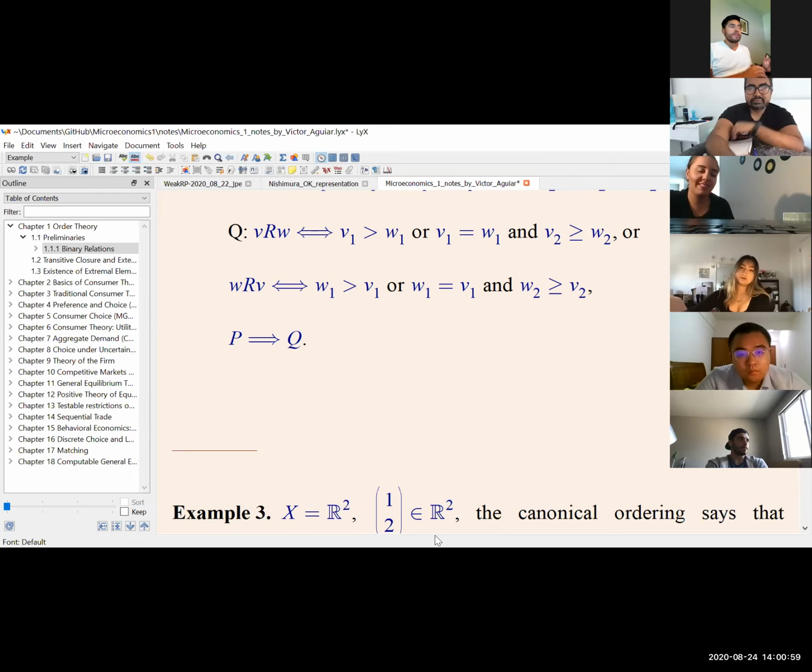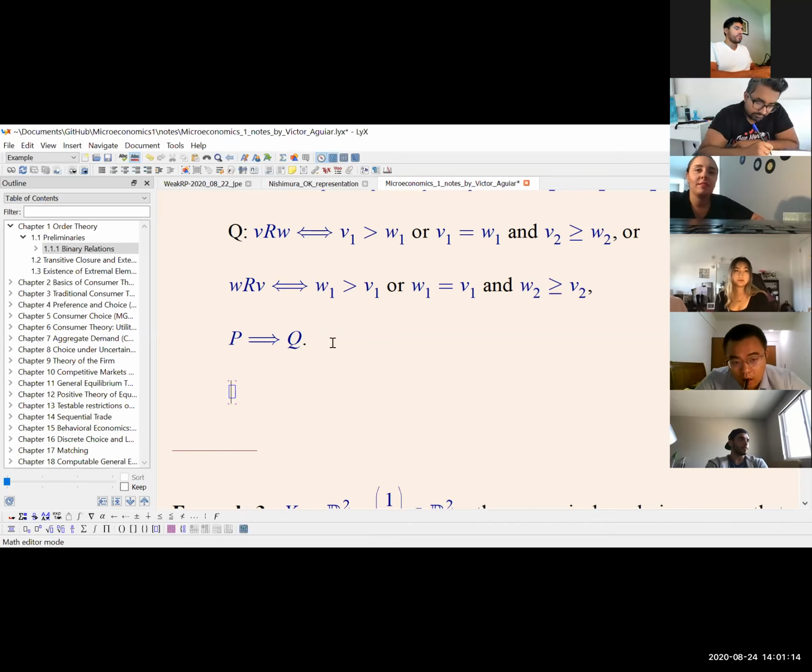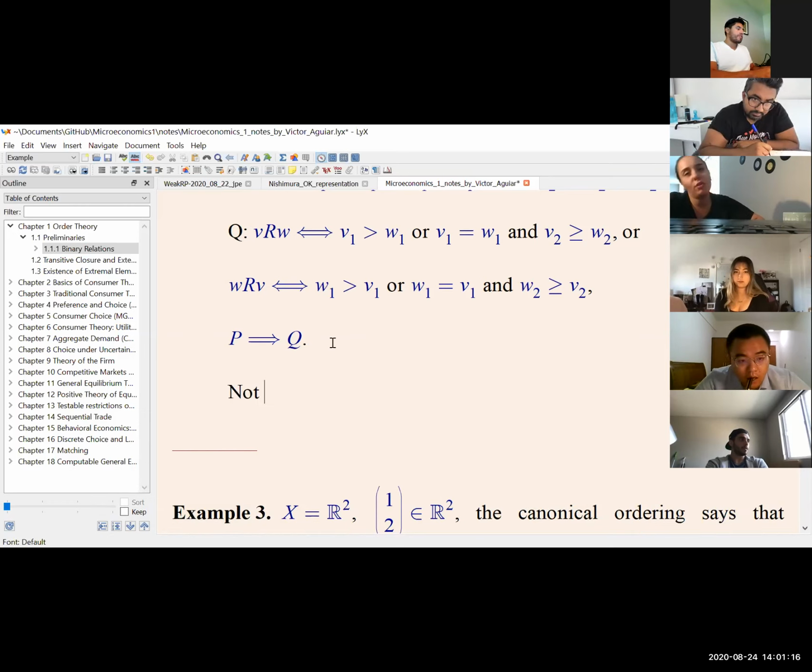I want to negate this statement. So P implies Q. What does it mean? One thing I want you to see from Wikipedia, and you're going to use it many times, is that P implies Q means actually not P or Q. So this is the logical statement.